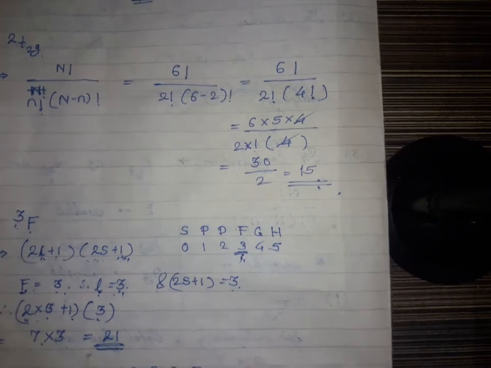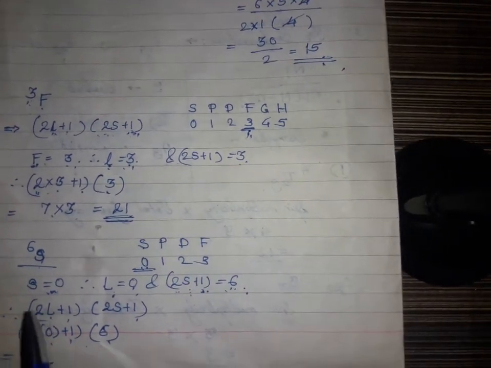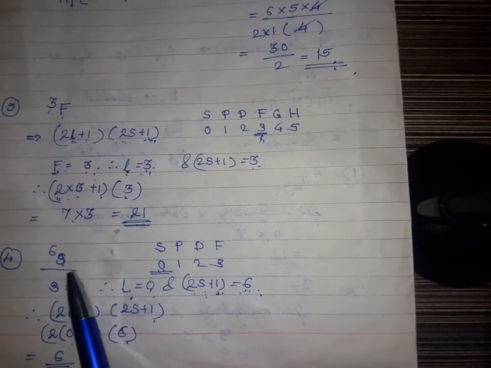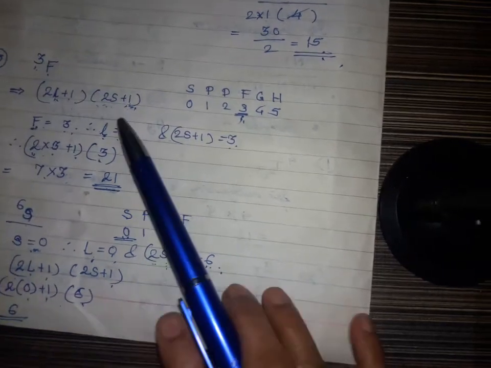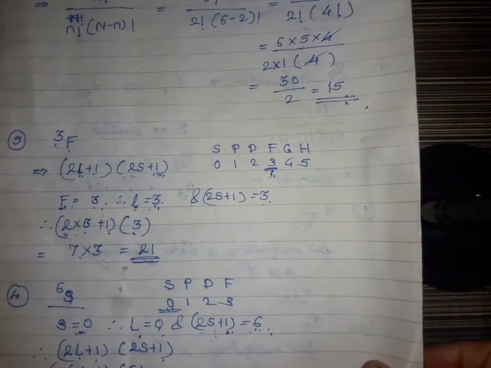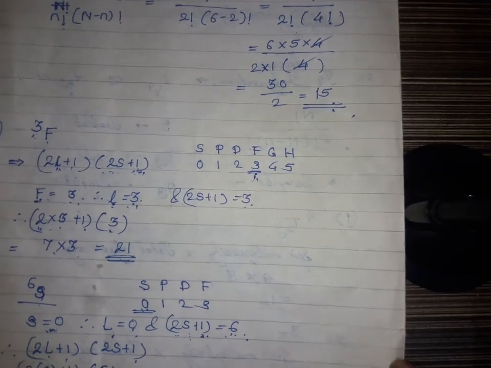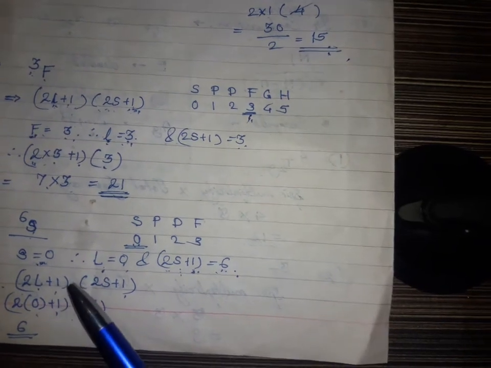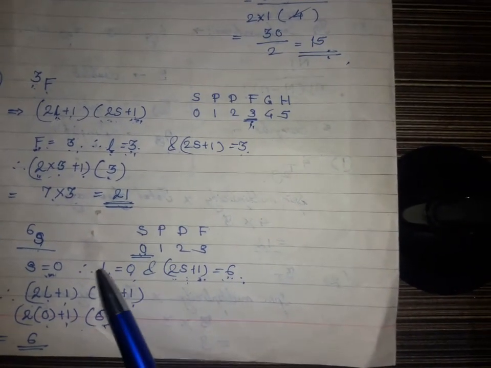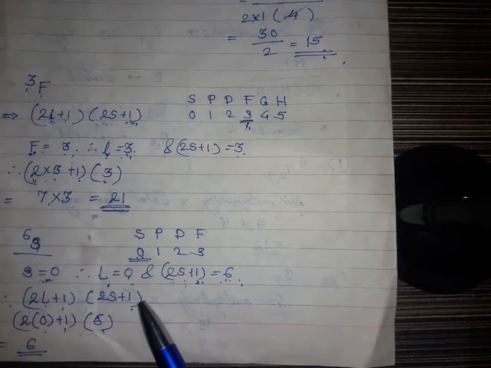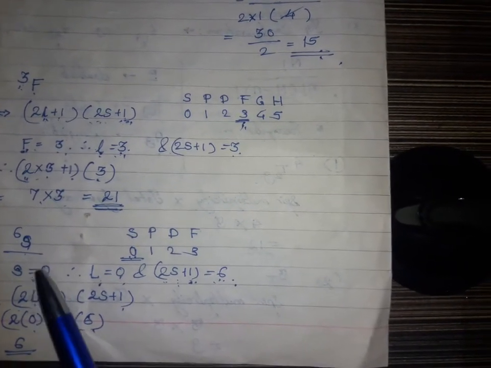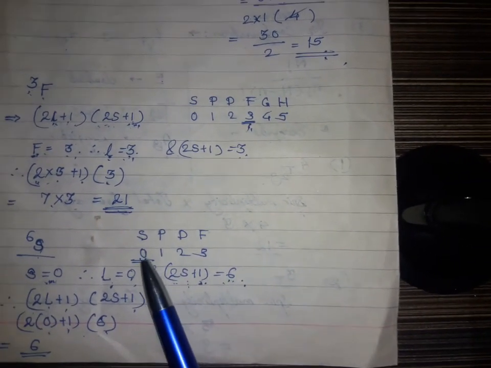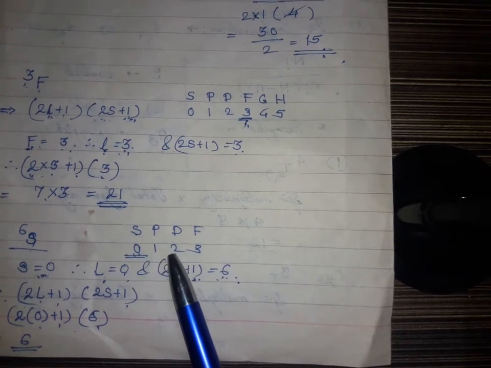Then our last problem is sextet S. This is sextet S, and it is also a term symbol, with capital S. How do we calculate the degeneracy of that term symbol? The same formula we are going to use: 2L plus 1 into 2S plus 1. Now S, P, D, F, G are terms, and the ml values are 0, 1, 2 and 3.